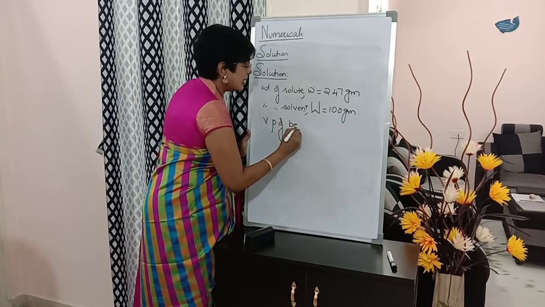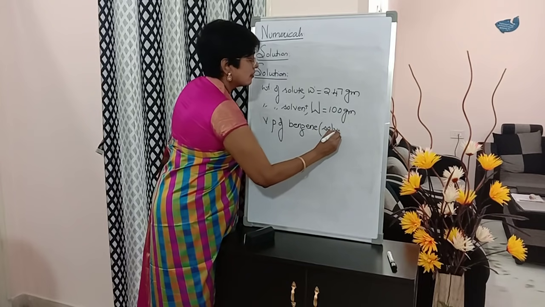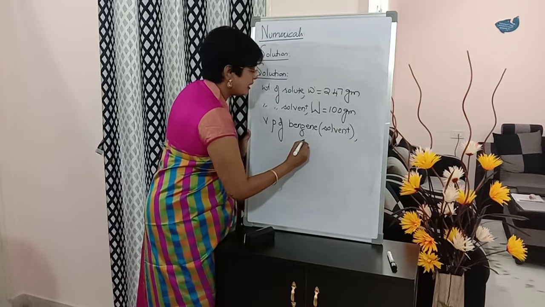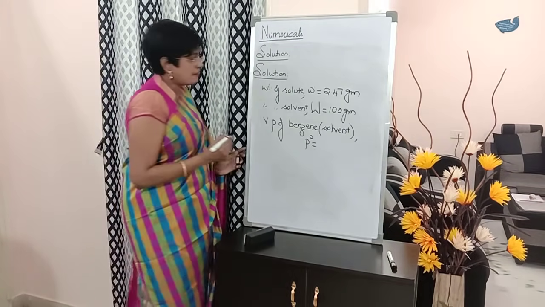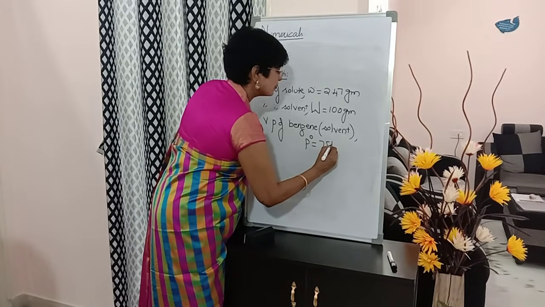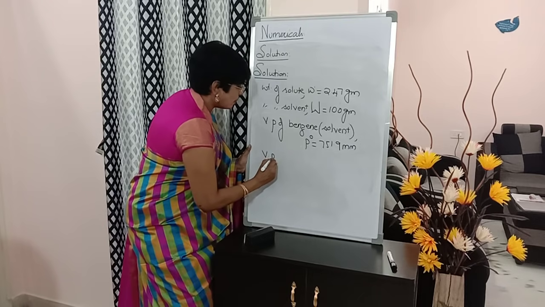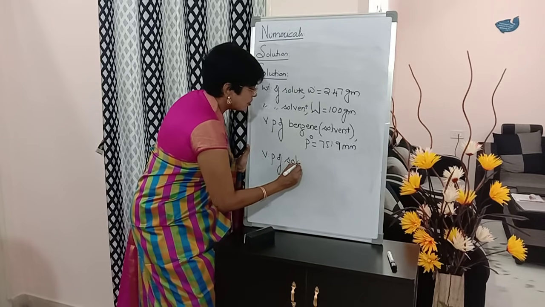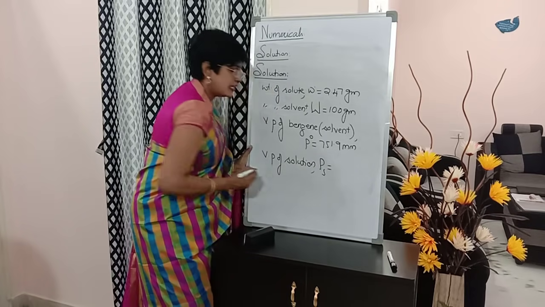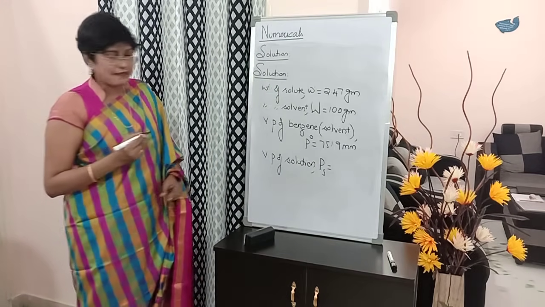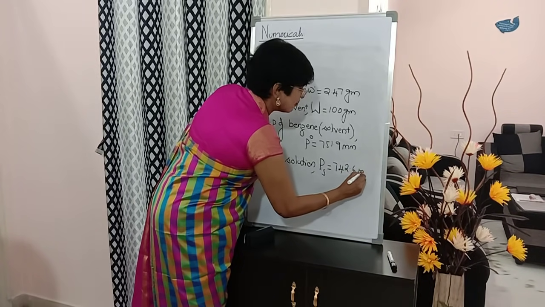Next, vapor pressure of benzene or solvent, denoted by P0, is equal to how much, students? 751.9 mm. Next, vapor pressure of solution, denoted by PS, is equal to 742.6 mm.